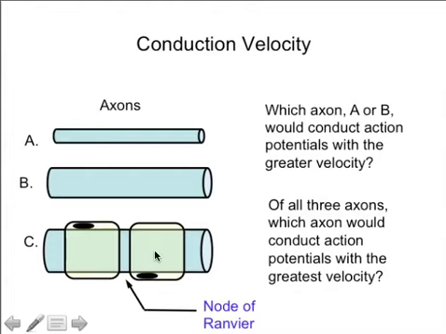Next question. Of all 3 axons, which axon would conduct action potentials with the greatest velocity? And the answer here is C, because C not only has the widest diameter, but it's also myelinated.